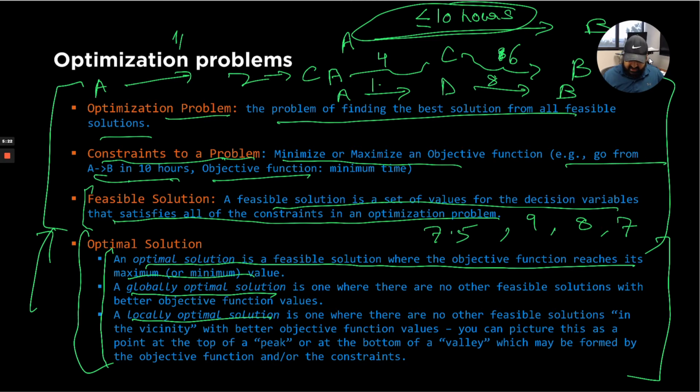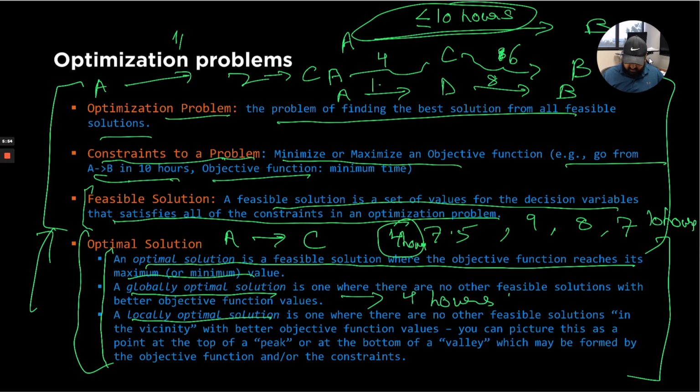Let's say there are a lot of paths that a person can take from A to C, such that the minimum path that one can take is 4 hours, while the maximum is 10 hours, because that is the threshold of our constraint. A globally optimal one would always yield the best of everything, which in this case is 4 hours.